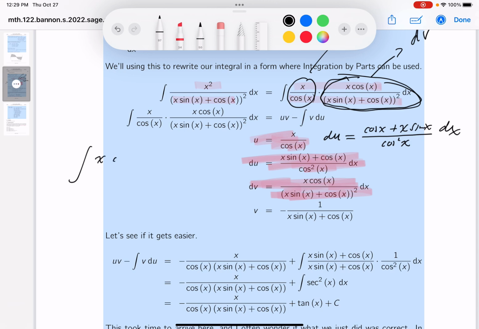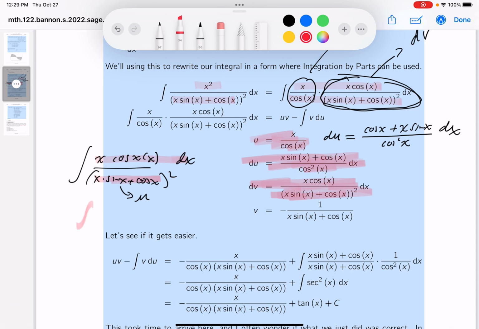This is x cosine x dx, and the bottom was x sine x plus cosine x, whole thing squared. I let this thing be the u, so this thing over here is the u, and that means that this thing over here is the dv in the problem, all right? So, could I integrate that? Yeah, what are you going to get?